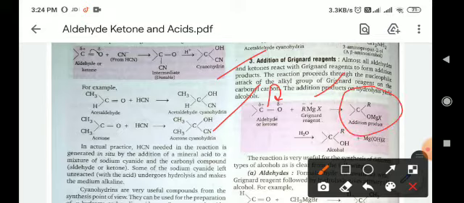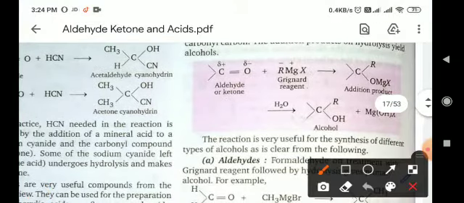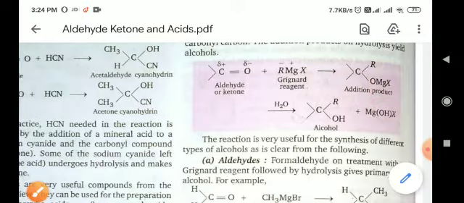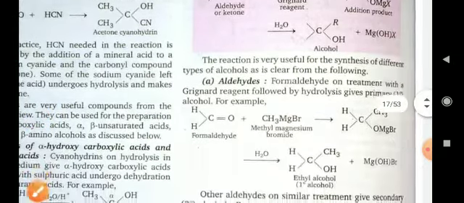And after hydrolysis, meaning with H2O, what happens? HOH will break, the bond between O and Mg breaks, it forms OH, and Mg(OH)X will be released from here. That is the basic mechanism. You can take the example.